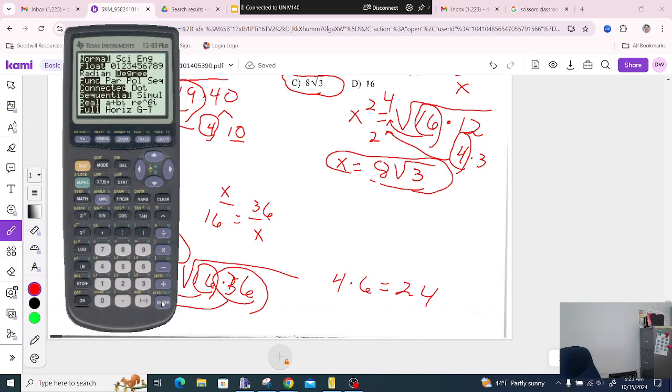Good. Everybody here has the right mode? Yep. Now you go second quit to get back home. You're in degree. Scroll down. Push down. Push over. Second quit.